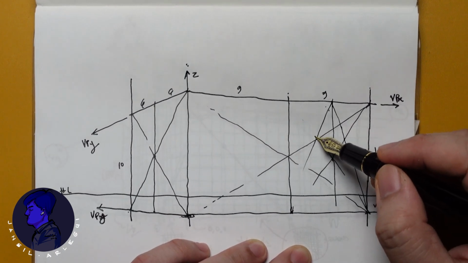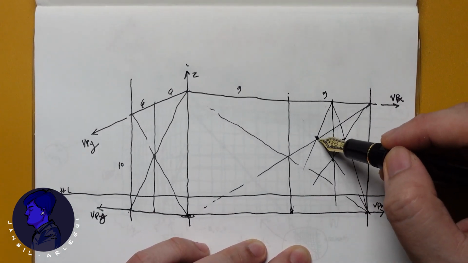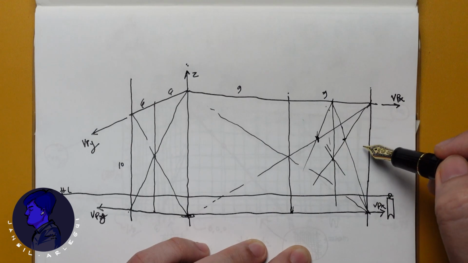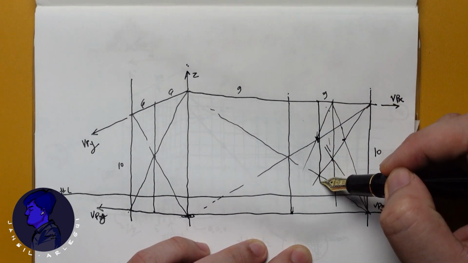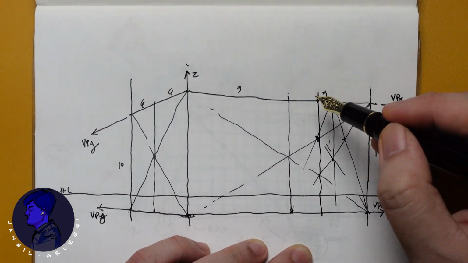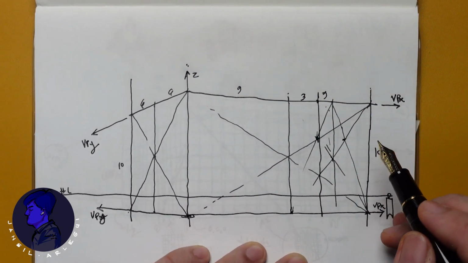So when they intersect, that is 1/3. So 3 equal parts. If I do this, this is where my 12 meter is, so I can write down 3 meters there.